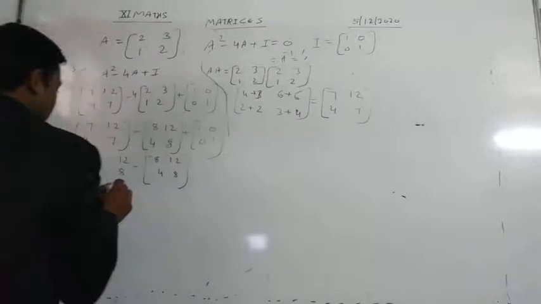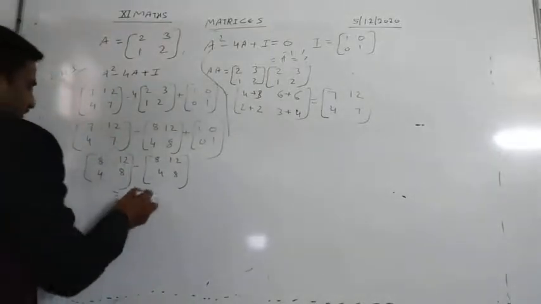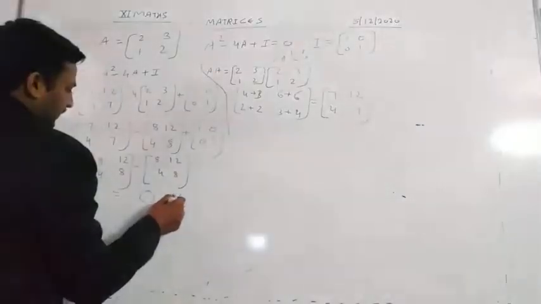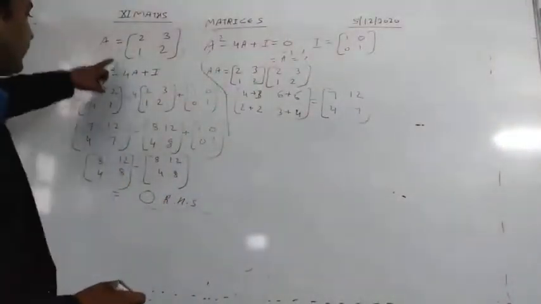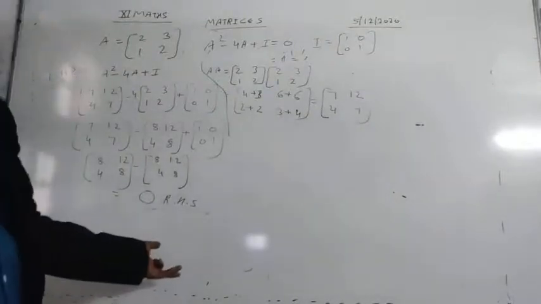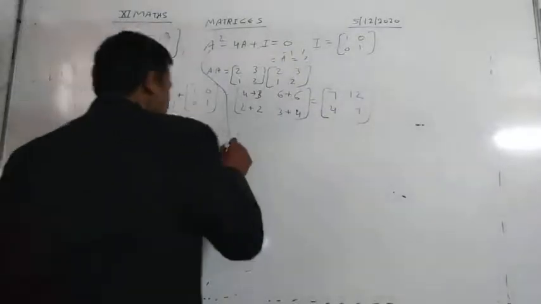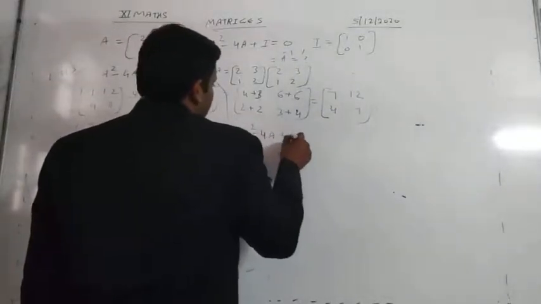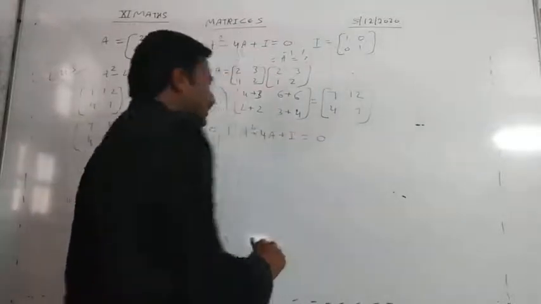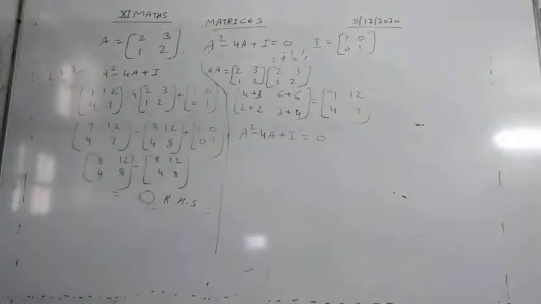So after subtracting, we see that both matrices are the same, so it will be 0. So this is our right hand side. This matrix satisfies the equation because we are getting the right hand side. Now, using this equation A square minus 4A plus I is equal to 0, we have to find our A inverse.